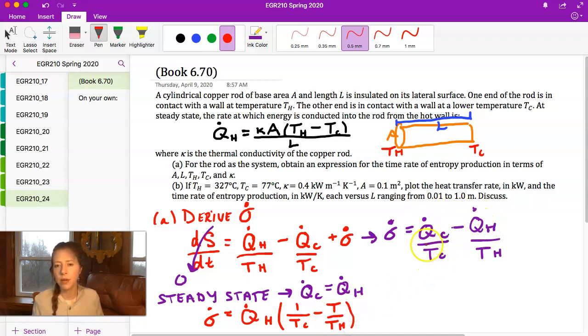I just pulled out the Q dot H because Q dot C and Q dot H are equivalent. And then for Q dot H, I'm going to plug in our conduction equation. So we have kappa A times TH minus TC over L times 1 over TC minus 1 over TH.